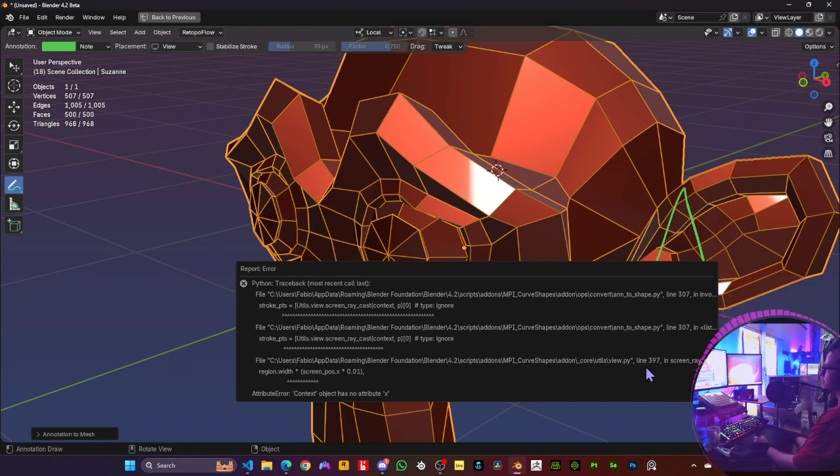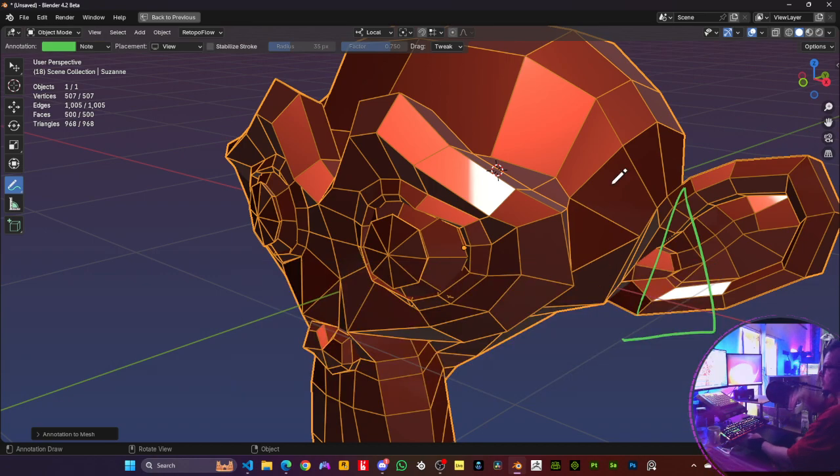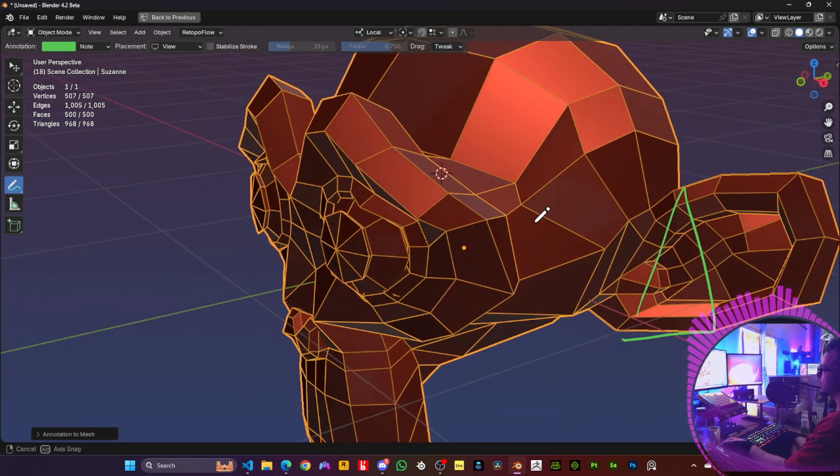So if the placement is view, I can't really use what. Let me check this error and see if we can fix this. Hello? Oh.